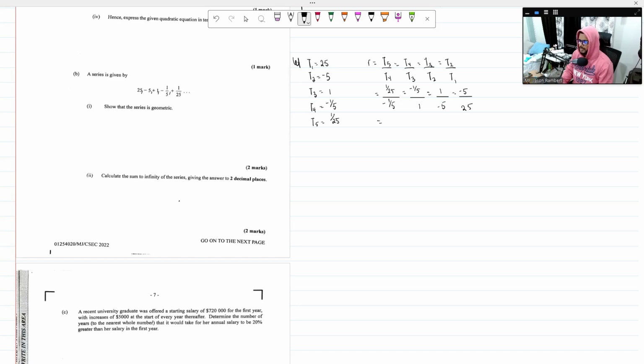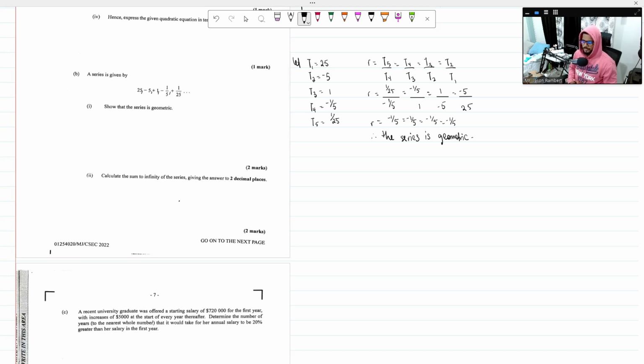So it's giving me -1/5 for all the answers. r is equal to -1/5. Therefore, the series is definitely geometric.